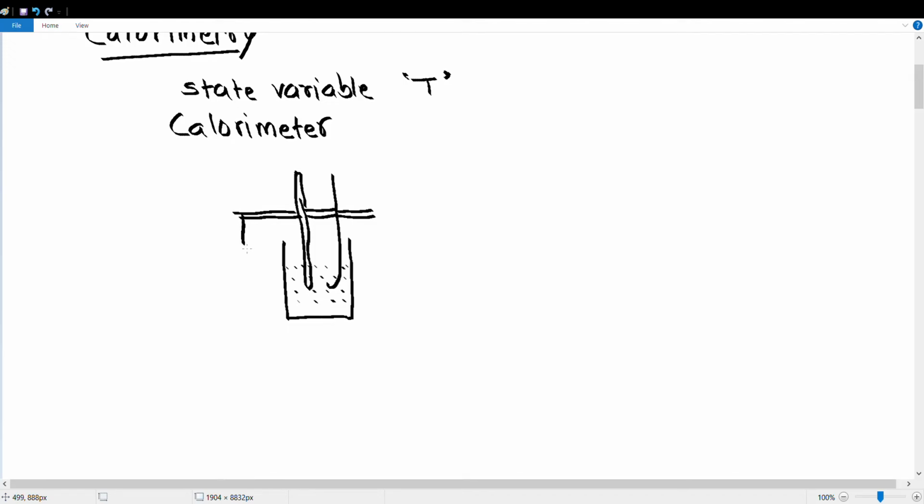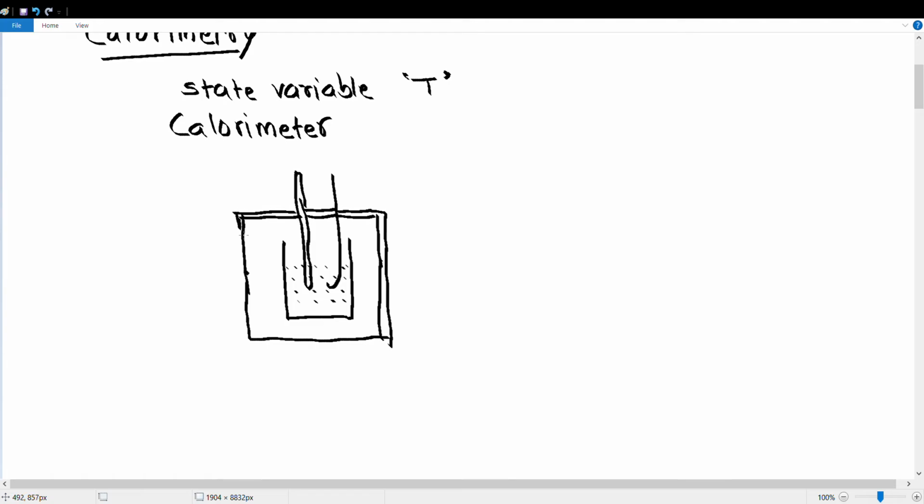What is the jacket? The jacket which this calorimeter wears. So this is the jacket. The function of this jacket is that it does not allow the exchange of heat between the system and its surrounding. So this is the insulating jacket.